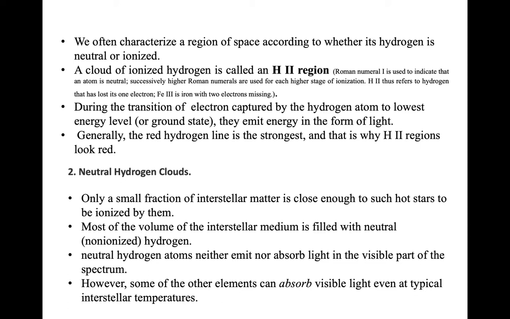Most of the volume of the interstellar matter is in fact neutral hydrogen, and neutral hydrogen atoms don't emit or absorb light in the visible part. However, some of the other elements absorb visible light even at typical interstellar temperatures.